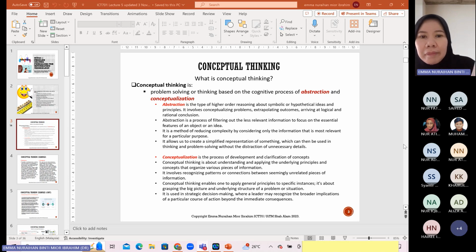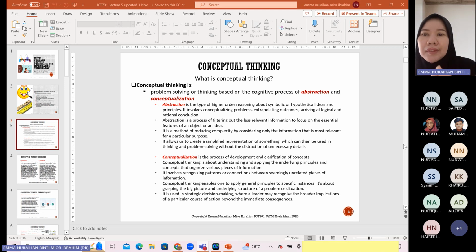Yeah. But abstract here, in a knowledge-based way or in a problem-solving way, is actually about higher order reasoning, okay, about hypothetical ideas or symbolic ideas. So hypothesis, okay, and it involves conceptualizing the problems, yeah, arriving at logical and rational conclusions.